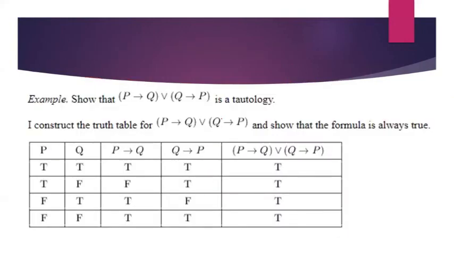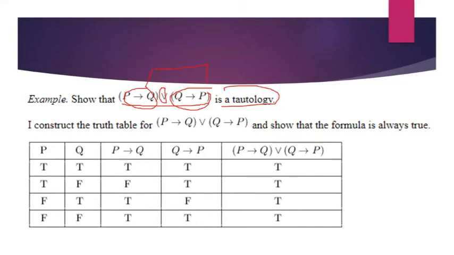Sige, let's have this. So, show or prove that this logical statement is a tautology. Pag sinabi natin tautology, dapat yung final output is all true. Now, ang ginawa niya, guys, inuna niya tong conditional ng PQ, then conditional ng QP, then kinuha niya yung OR ng results ng dalawa.